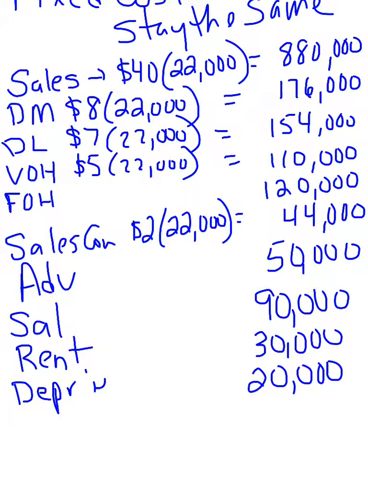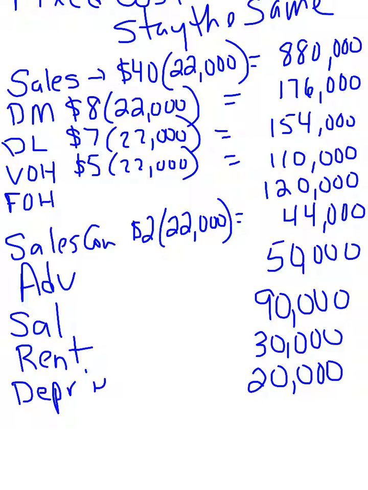If we take the $40,000 and divide it by the 20,000 units, we end up with $2 per unit. If we take the $2 and multiply it by the 22,000 units, we end up with $44,000. The other fixed cost, like advertising, as I said before, is just going to stay at the amount that it is at, which is $50,000.